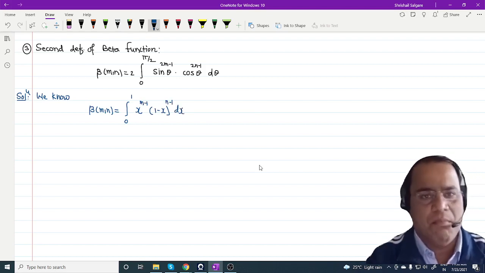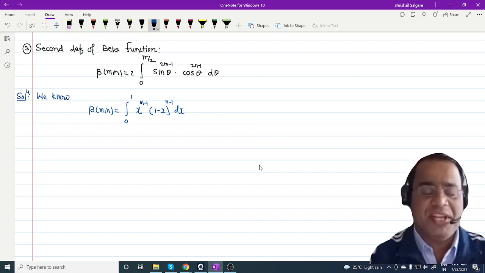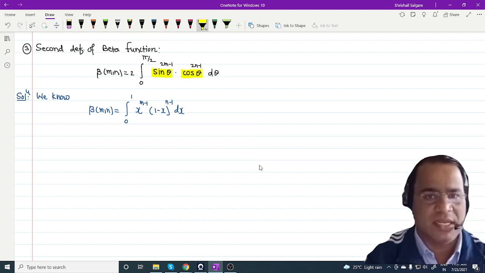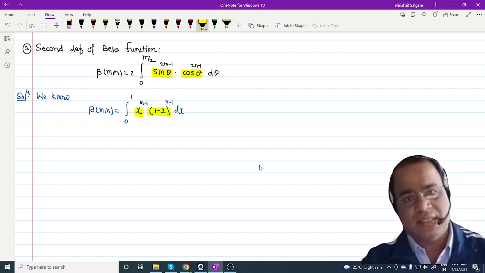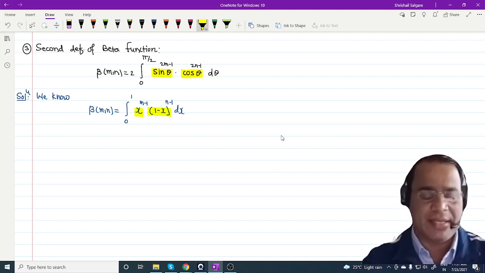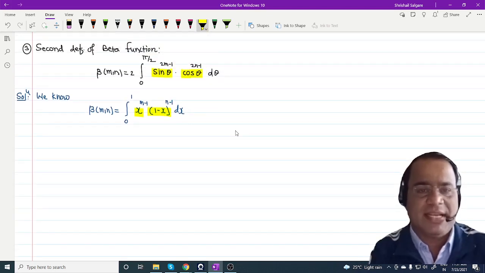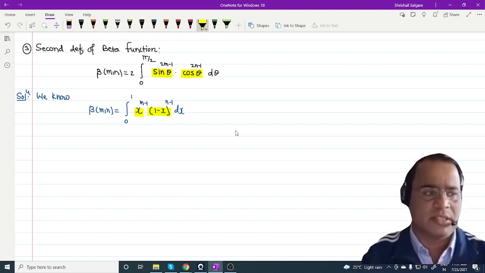Now if you compare with the given integral, the limits are 0 to pi by 2, and the integrand is a combination of sine and cos. In the required integral you have two terms, sine theta and cos theta raised to some power, and in the given integral you have x and 1 minus x. Can you guess a suitable substitution for x such that the two terms x and 1 minus x can be converted to sine and cos, or vice versa?